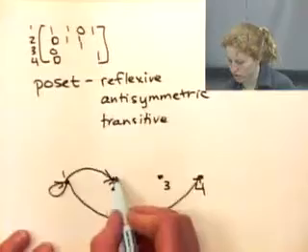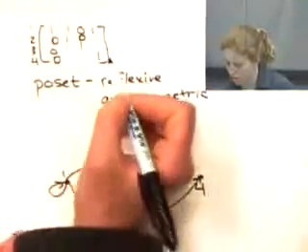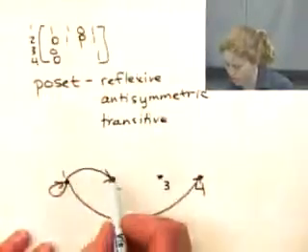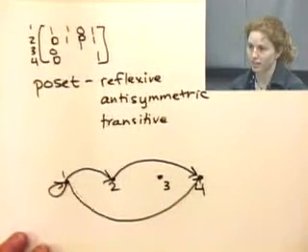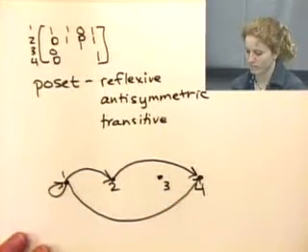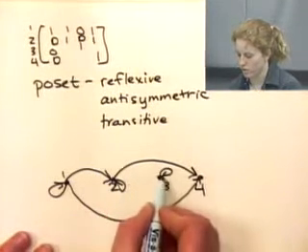Now let's make 2 go to 3. Let's not, because then 1 has to go to 3. Let's make 2 go to 4. And that's good because it's transitive so far, right? So 2 is 0, 1, 0, 1. 2 goes to itself. 3 goes to itself.